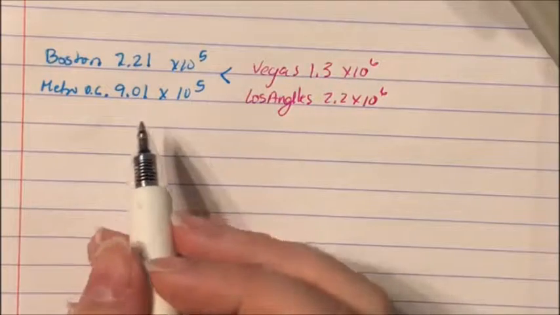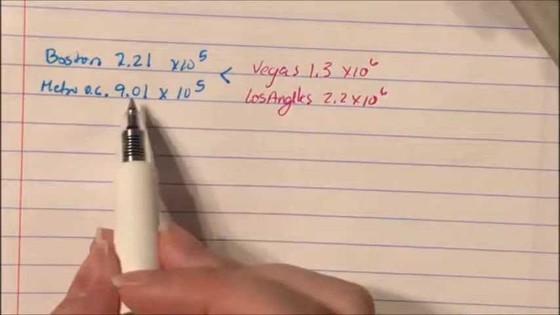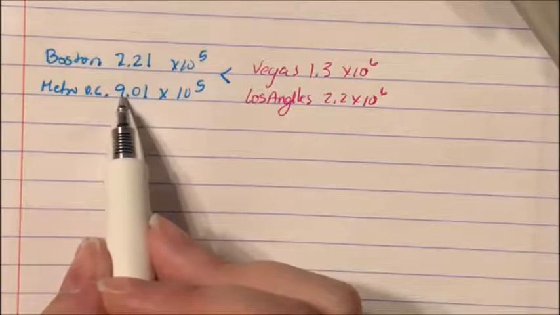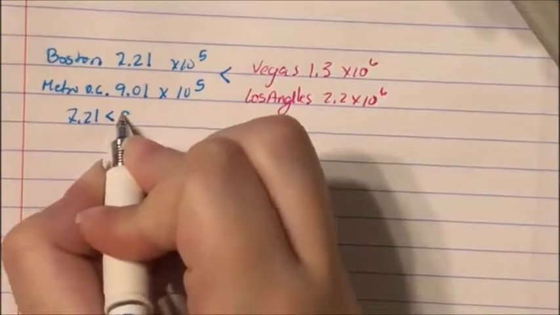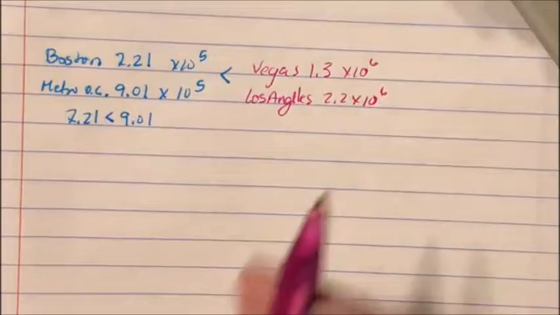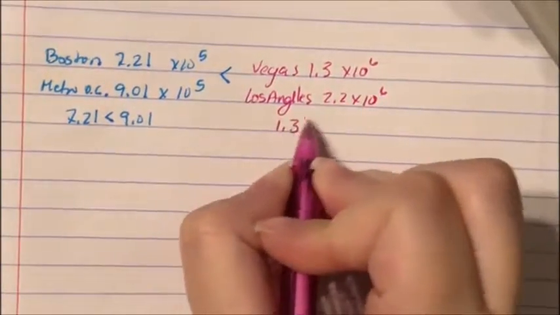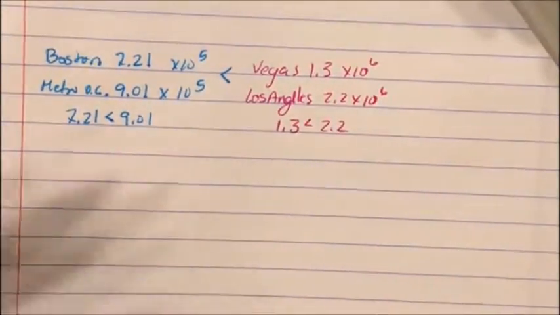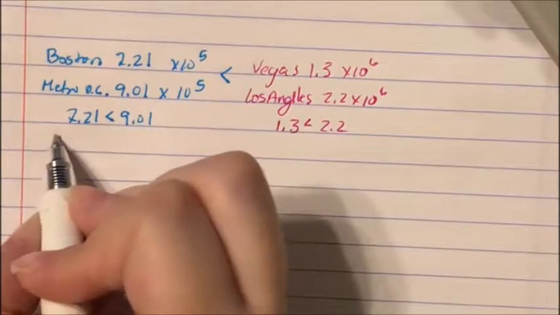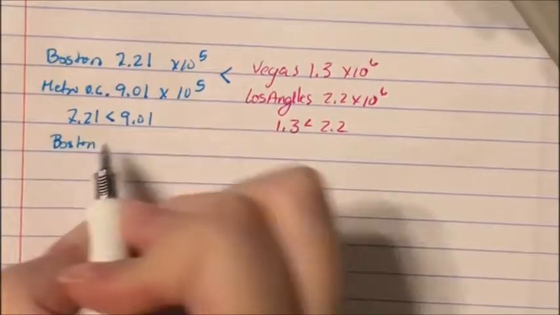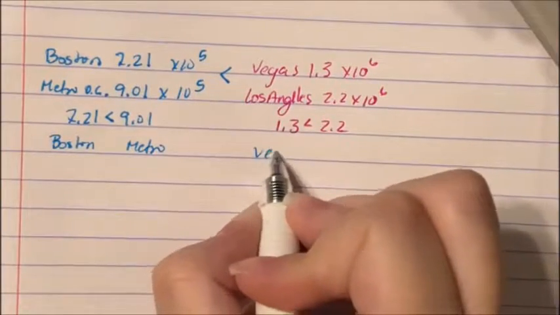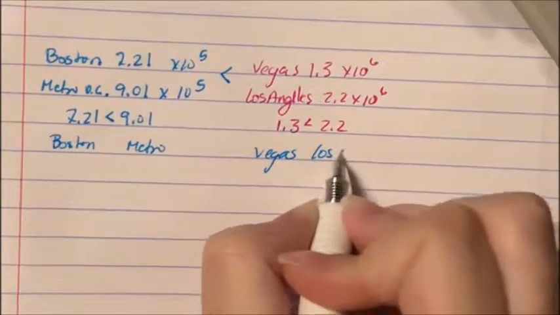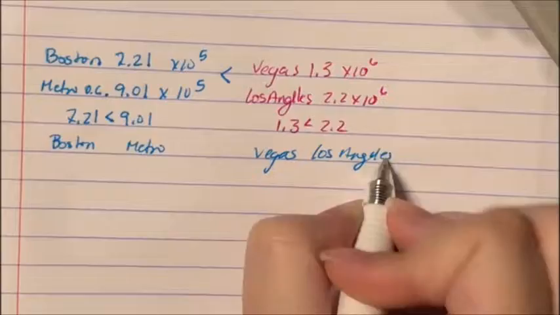So knowing that, I'm still going from smallest to biggest. So I'm going to look, 7.21 is smaller than 9.01, and 1.3 is smaller than 2.2. So this is Boston, Metro, Vegas, Los Angeles, right?